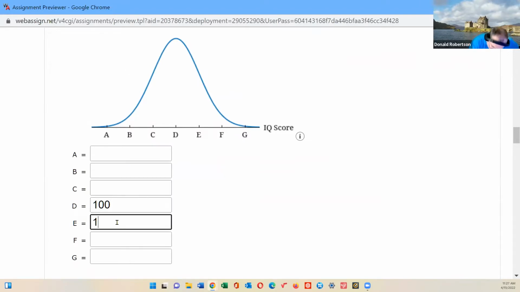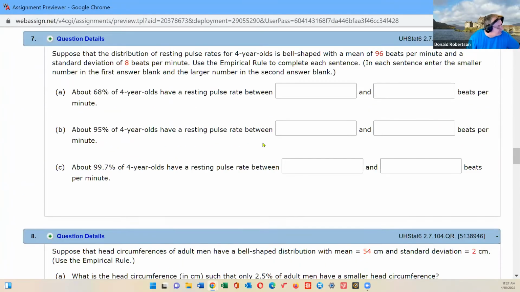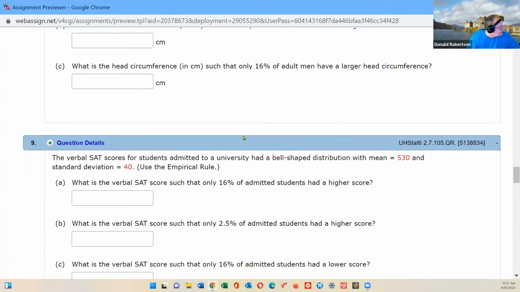So this would be, in this case, 115, 130, and then finally 145. So, whoops, put the 5 in. Do you see how WebAssign gets you to draw the picture, right? It's the way you fill the information in. And those questions, 68%, 99.7, that's what that one looks like.